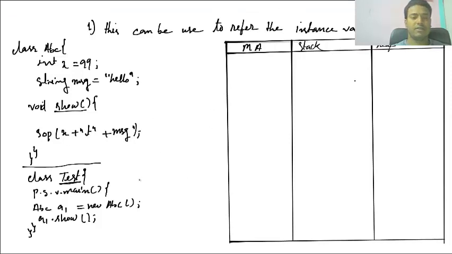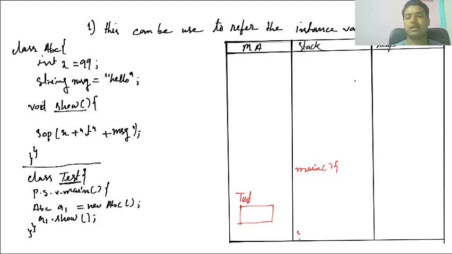When you call java Test, first the Test class should be loaded. So this is Test loaded, and inside that the main method is there, so main should be loaded. So this is main loaded, right?